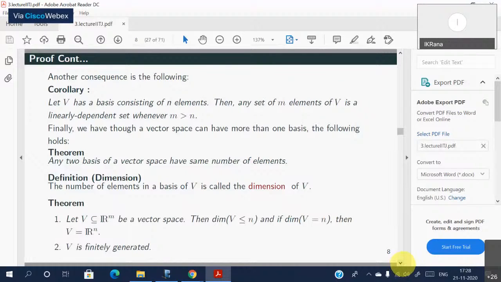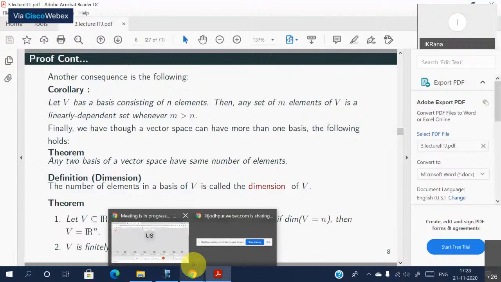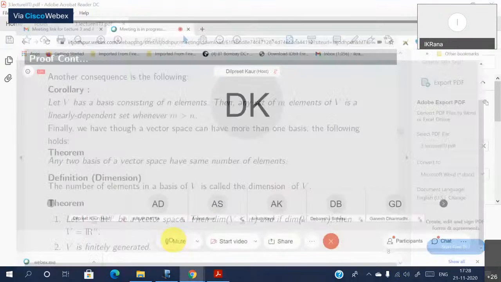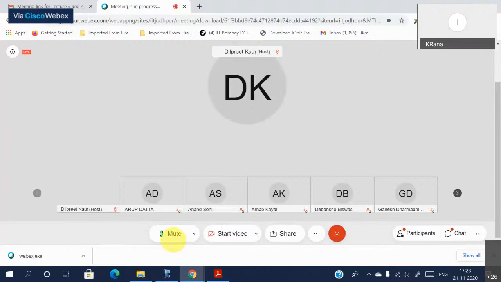Let me just ask a question to see how many are listening on the portal. What are all possible subspaces, what are all vector spaces inside R3? Please put your answers in the chat box.